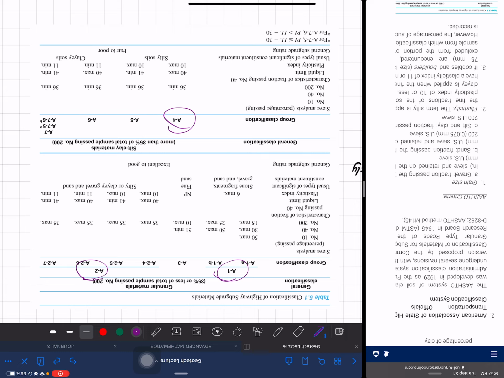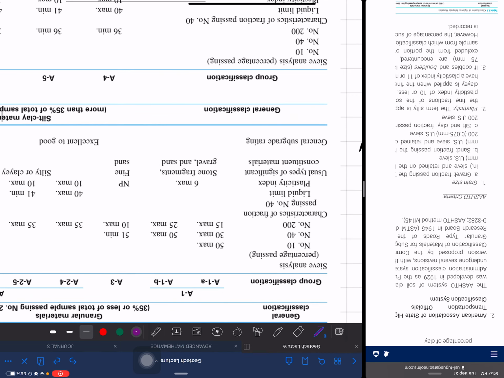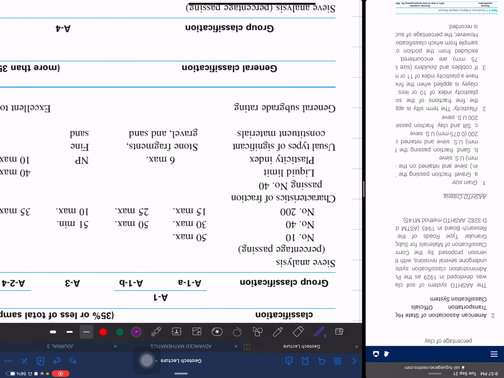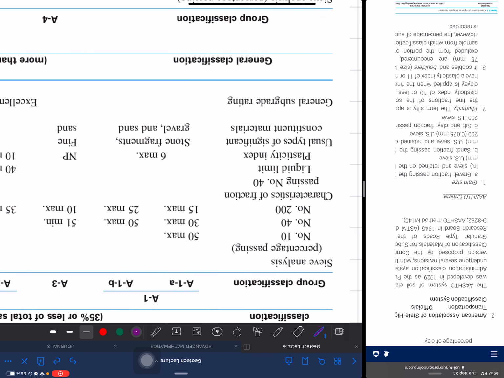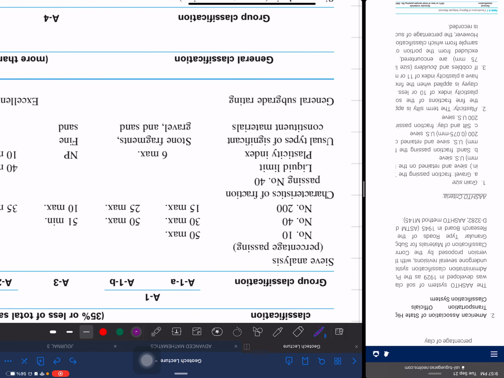So, paano ba natin ginagawa ang classification of soil? Okay. Ito guys, ang lagi niyong titignan. Ang gagawin nyo lagi sa classification ng AASHTO, guys, dun sa table, you always have to identify the given. Dun sa given, dapat meron tayong percent passing number 10 sieve, number 40, and number 200.